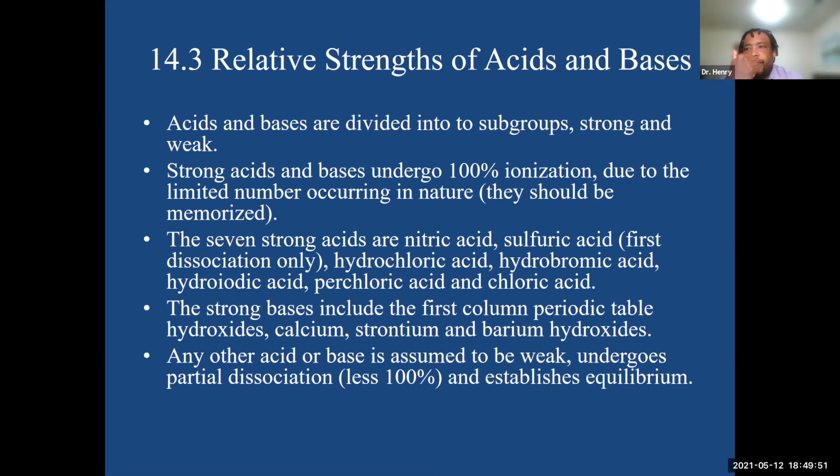And then you have anything with the hydroxides with calcium, strontium, barium. So group 1 and most of group 2 are strong bases. The other ones are going to be assumed to be weak.